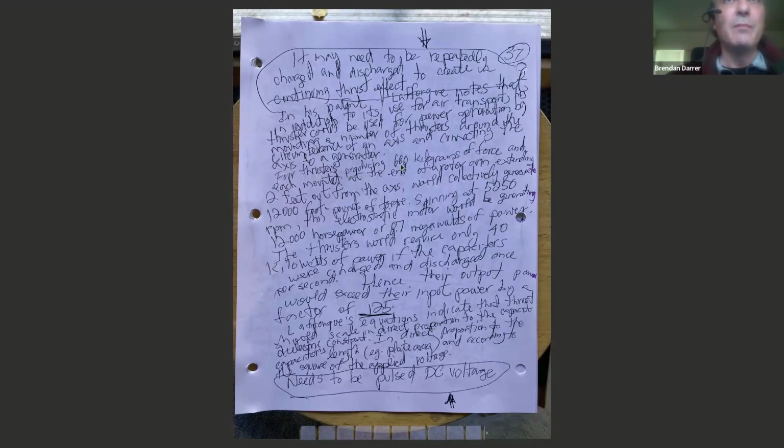4 thrusters producing 680 kilograms force and each mounted at the end of a rotor arm extending 2 feet out from the axis would collectively generate 12,000 foot-pounds of torque, spinning at 5,250 rotations per minute.